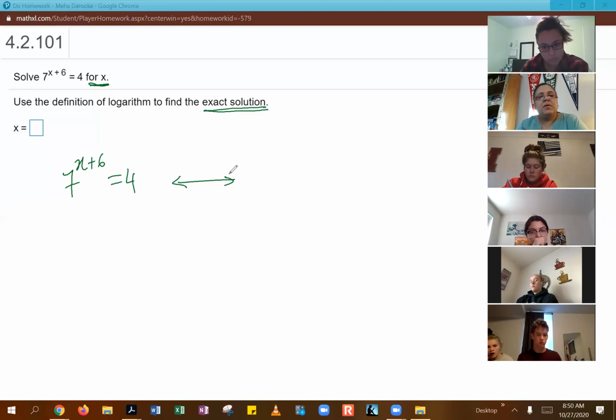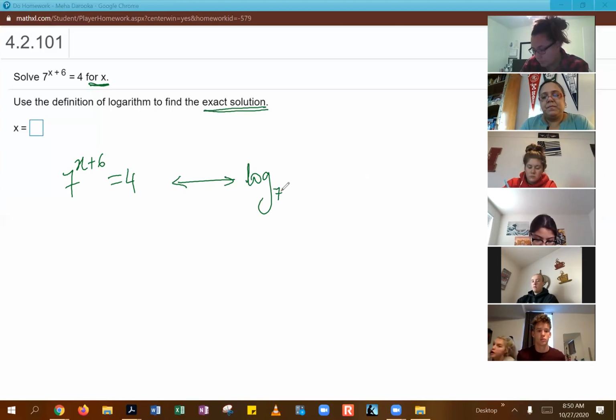It would be log of base 7. You're on the right track.